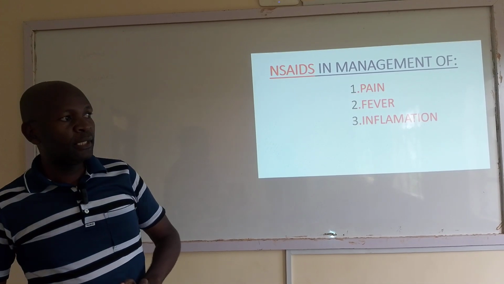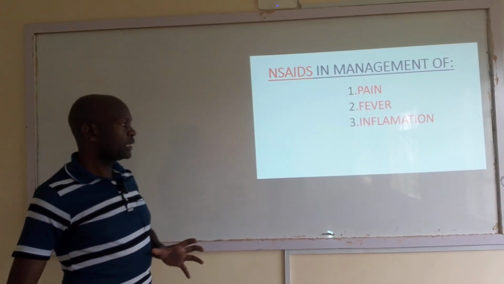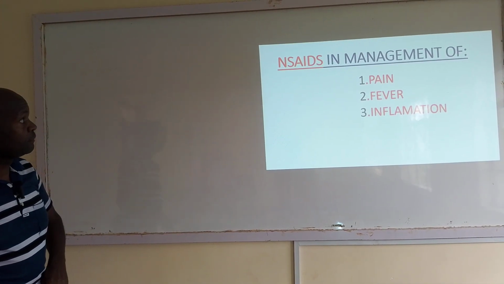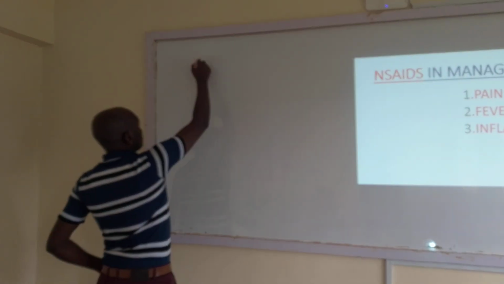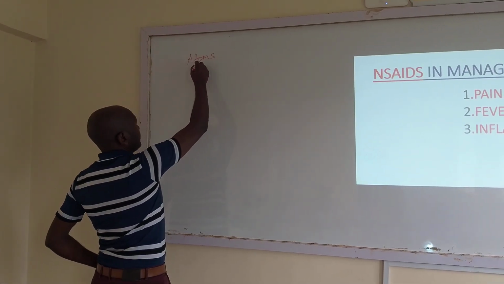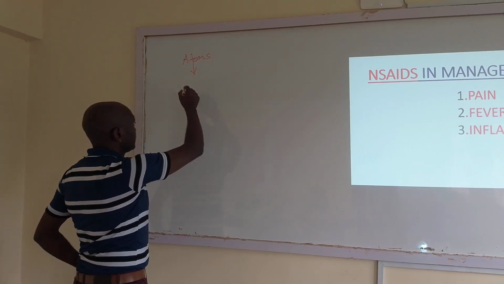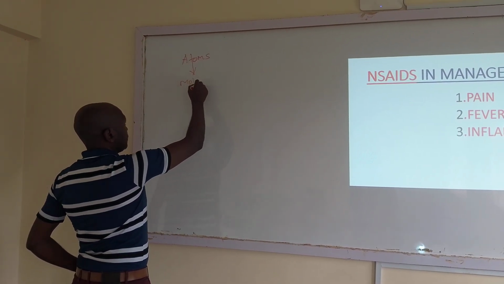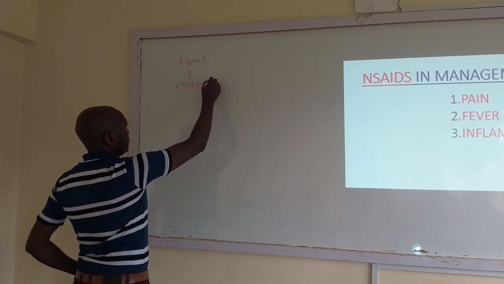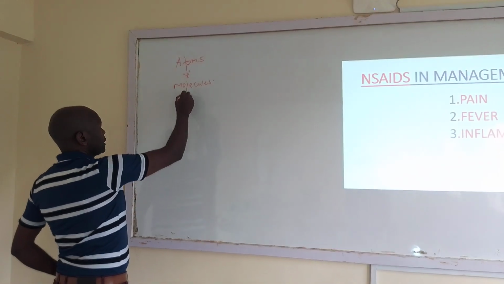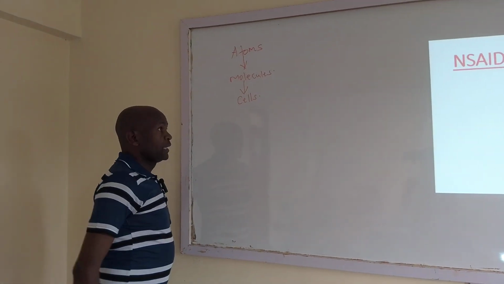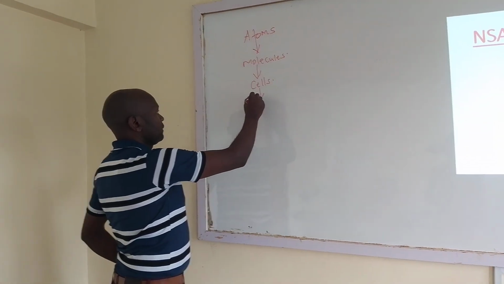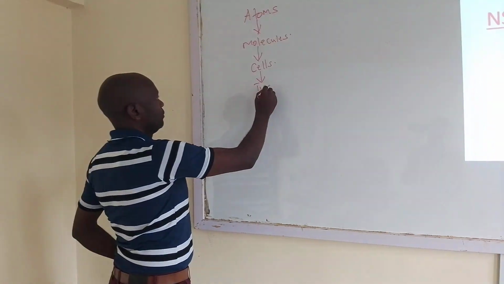The human being is organized in 5 steps. The first step is the atoms. Then from the atoms, we go to molecules. The molecules give us the cells. A group of cells gives us tissues.